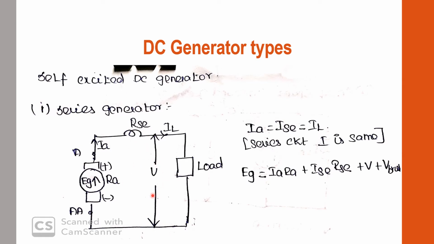For that we have to apply KVL. So EG equal to the voltage across the armature, that is IA into RA, plus the voltage across this field winding, that is ISC into RSC, plus V, that is the terminal voltage, plus the voltage across the brushes. This is the series generator VI relationship.